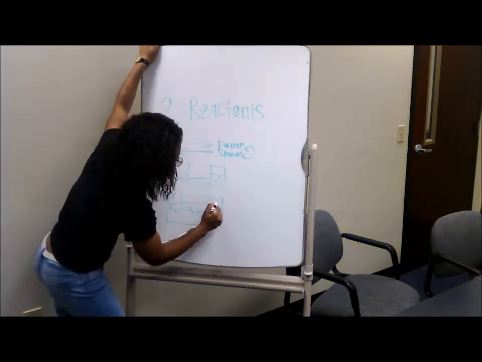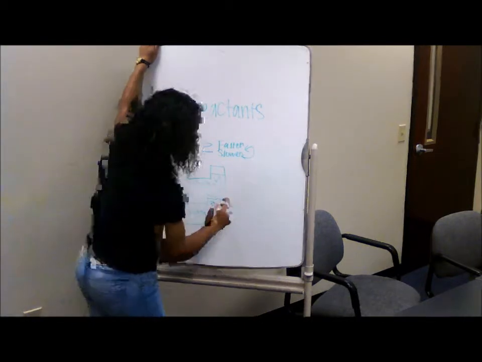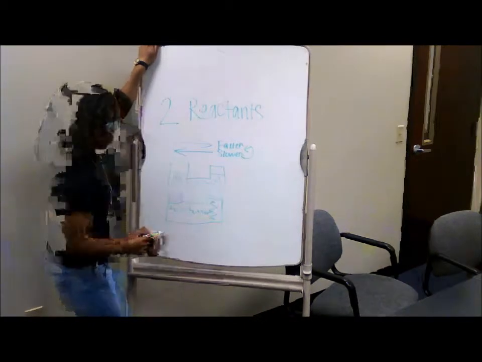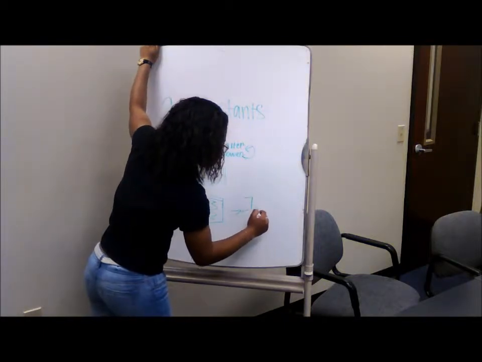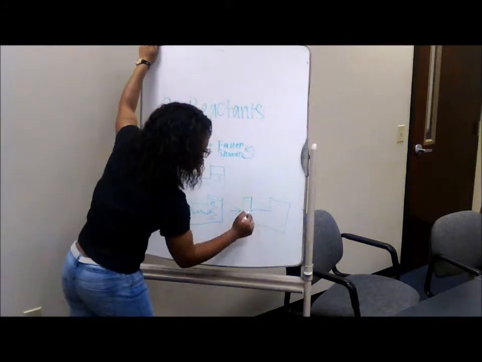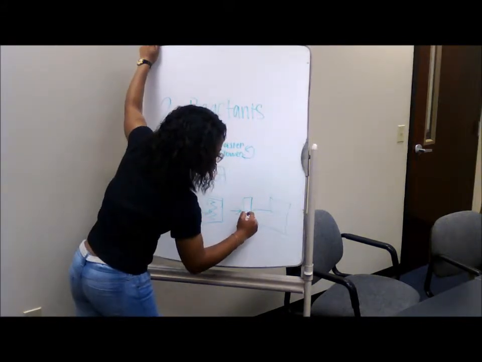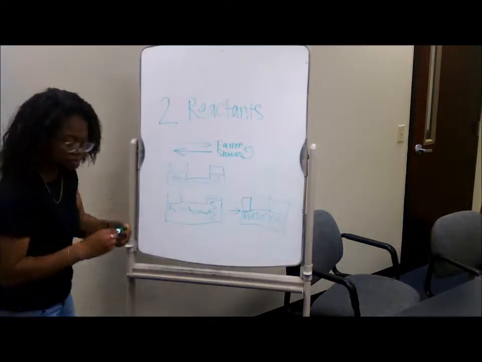One can be higher while the other is lower. Since it is stressed, that is part of Le Chatelier's principle. It will then go back to normal equilibrium. It reestablishes its place.